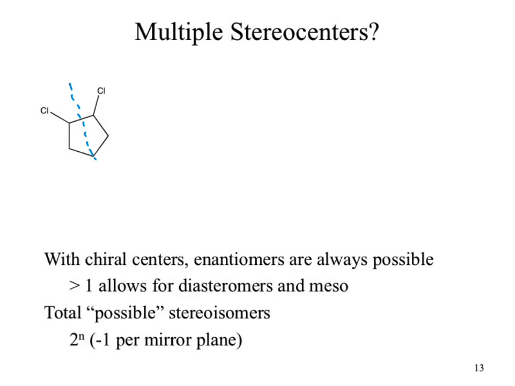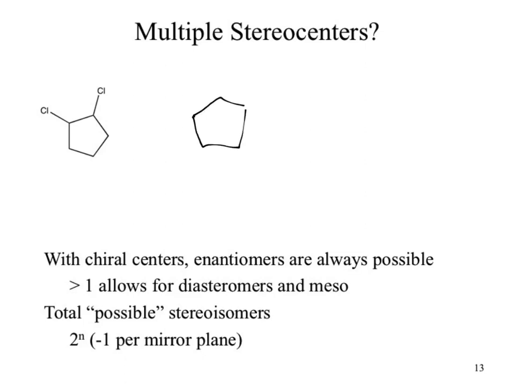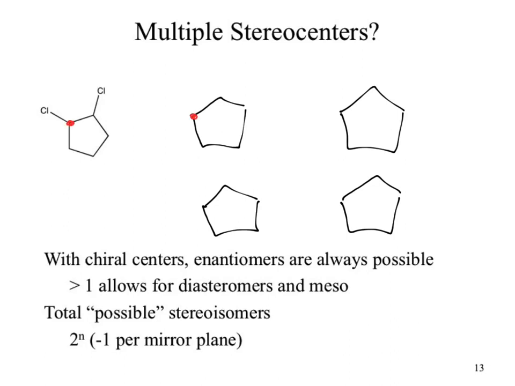What do my 4 look like? Did I draw all these already? No. Really? Fine. Yeah, you gotta check. Recommendation for trying to draw all your stereoisomers. Number 1, don't draw all of those out. I'm doing that because I know the answer is 4. I'm going to pick that red carbon.